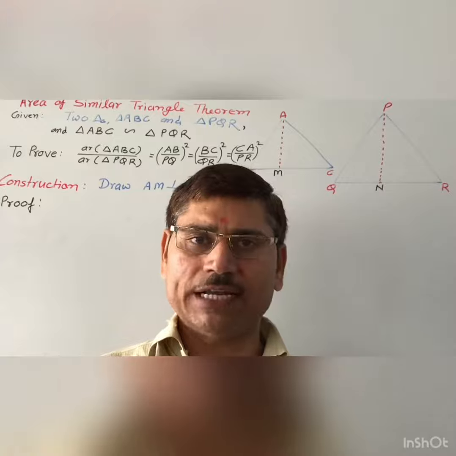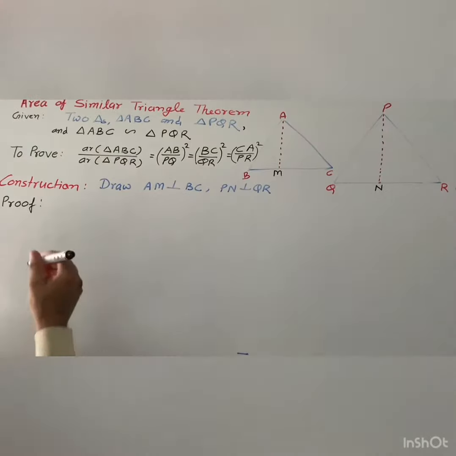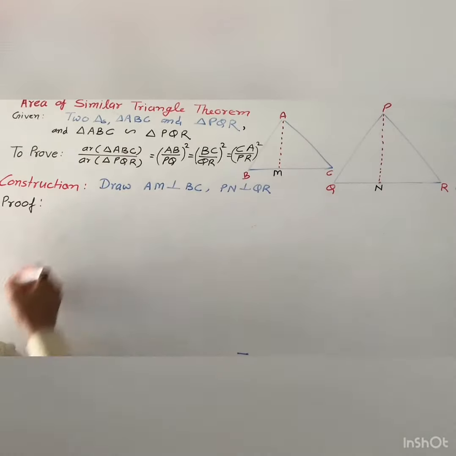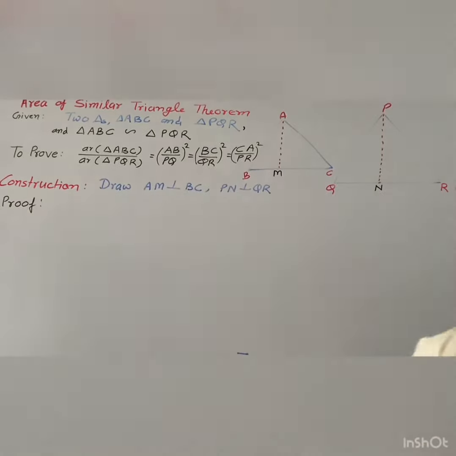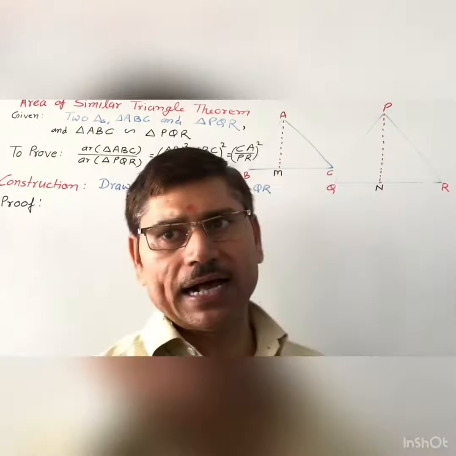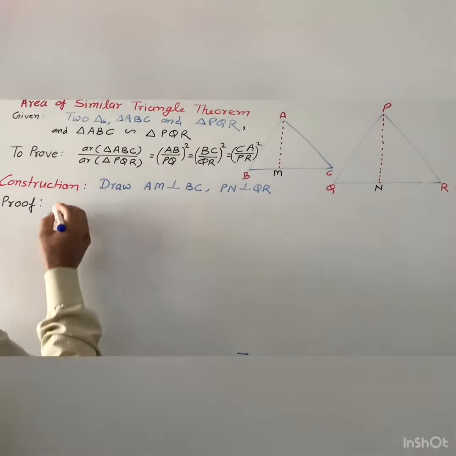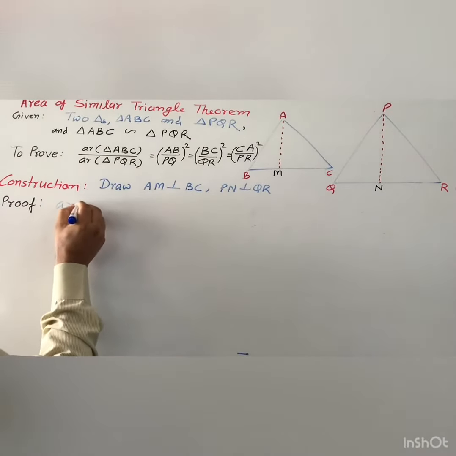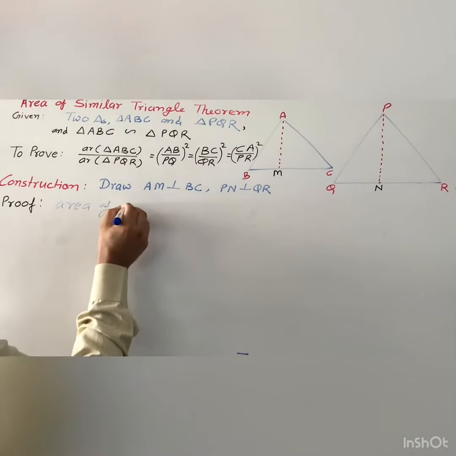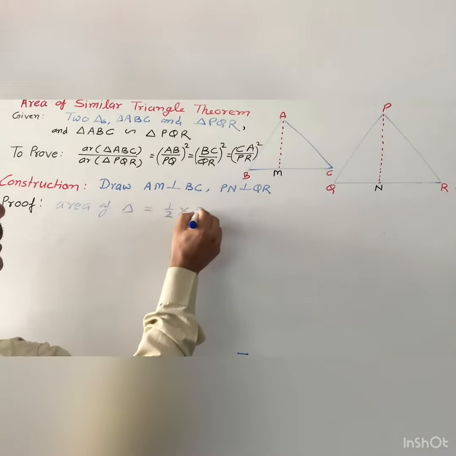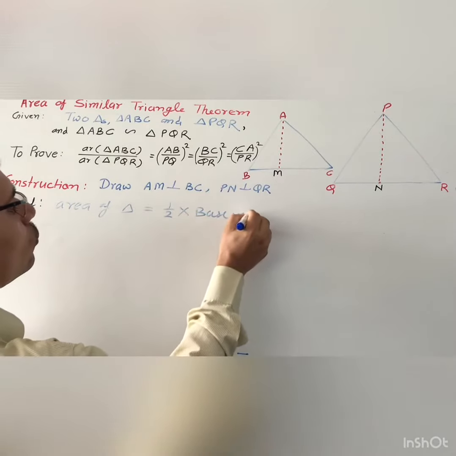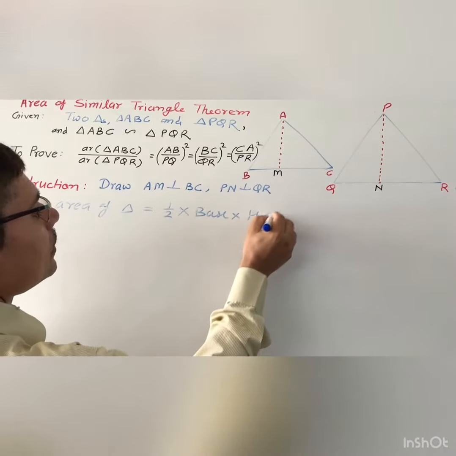So first of all, since area is asked in the question, we will find the area of the triangle using the simple formula. You know that area of triangle is equal to half into base into height.